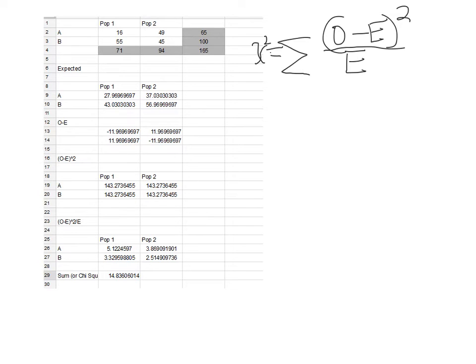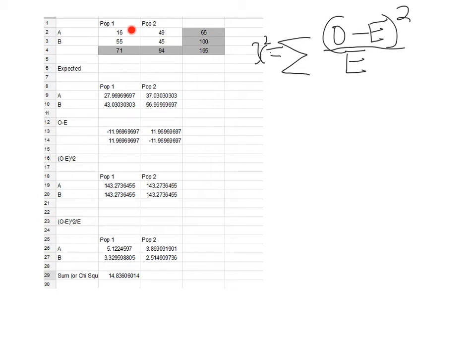So what I did with the spreadsheet is I calculated the numbers I just described, where I went 71 times 65 divided by 165, which worked out to be that number. 94 times 65 divided by 165 worked out to be that number, and so on and so forth. So I've calculated the E's, and I was given the O's, the observed and the expected. Now we're going to find the differences.